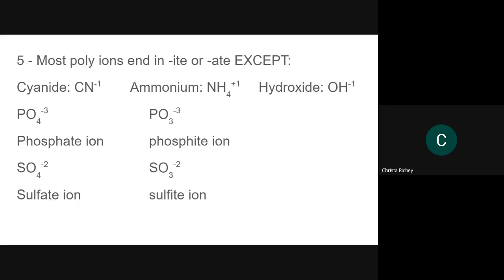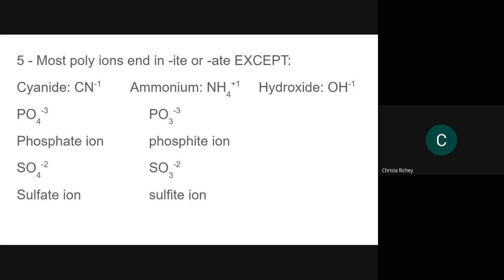Because this one is not up on the board. So one is nitrite and one is nitrate. The -ate one is on the left. The -ite one is on the right.